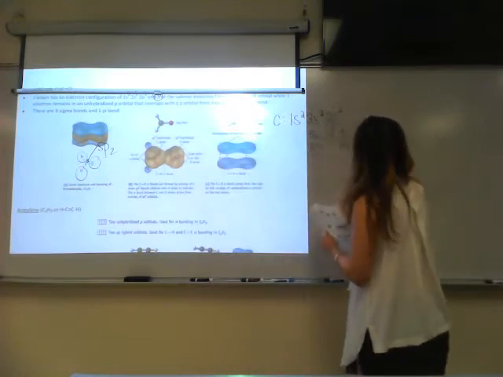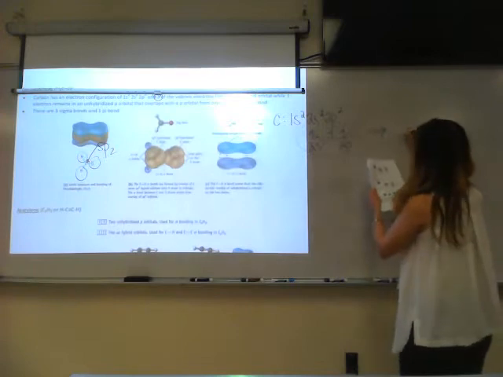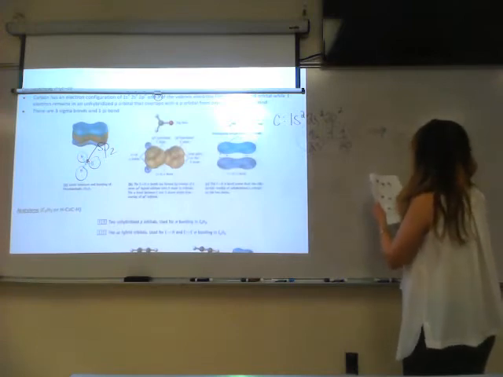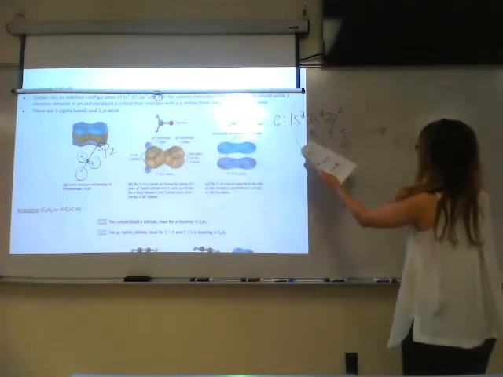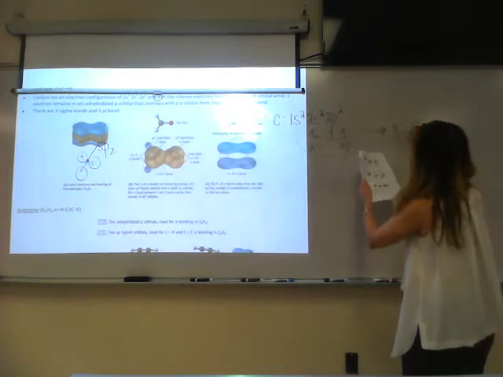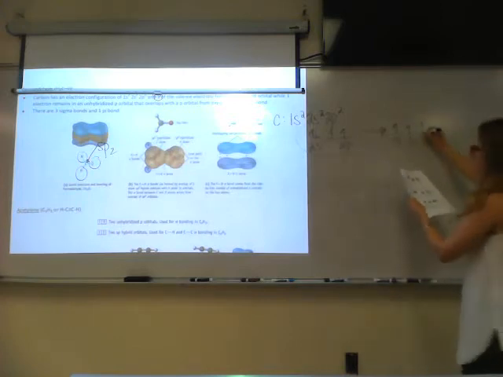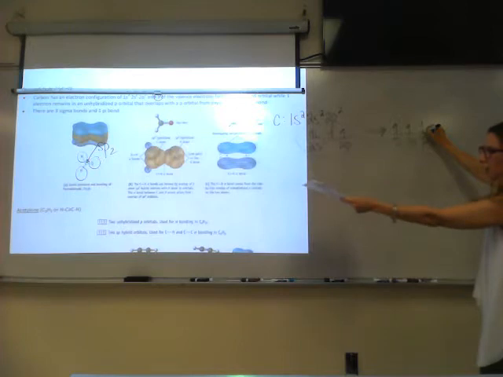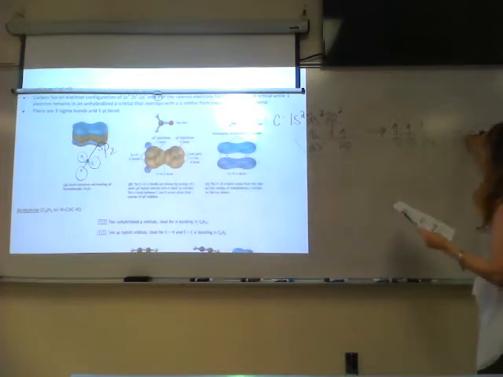All of these electrons go into your hybrid orbitals, and we have 4 of them. I have 3 sigma bonds in that structure, and I have 1 unhybridized p orbital, which has an electron, which goes on to form my pi bond.